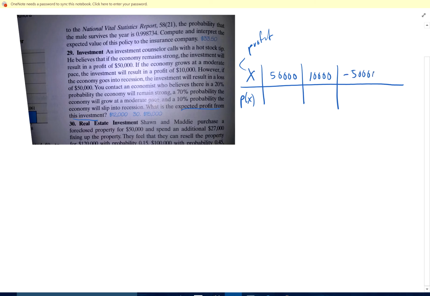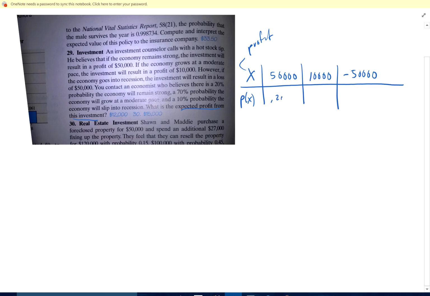So if X is the profit, then we want to make a probability model, probability of X. Well, what are the profits? The profit could be 50,000, could be 10,000, or it could be a loss of 50,000. And what's the probability of each of these happening?